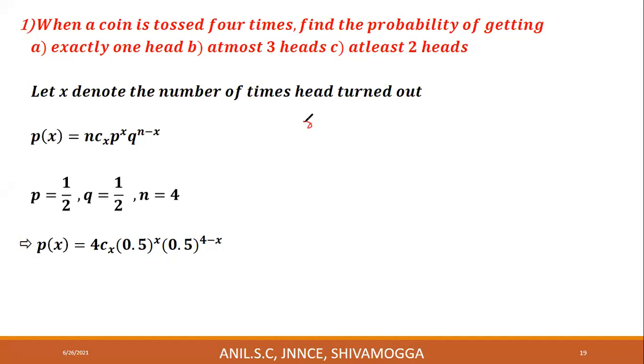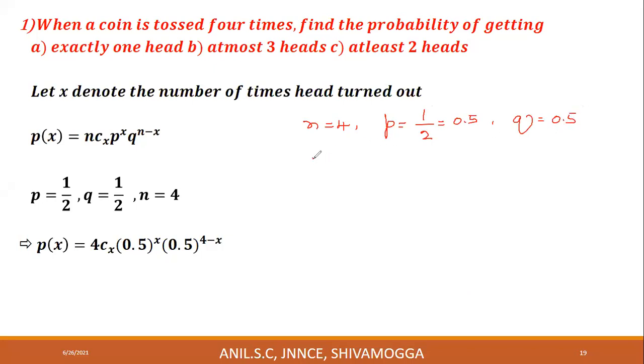And the coin is tossed four times, therefore we take n is equal to 4. The probability of getting a head: there will be two possibilities when you toss a coin, head and tail, and head is one among them. Therefore 1 by 2, which means 0.5. And Q is equal to 0.5. This is because P plus Q is equal to 1.